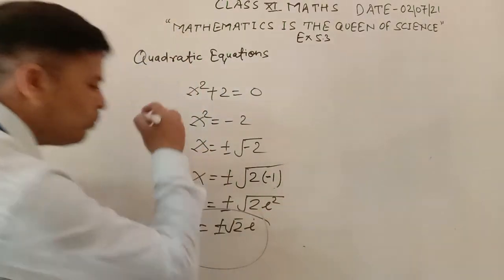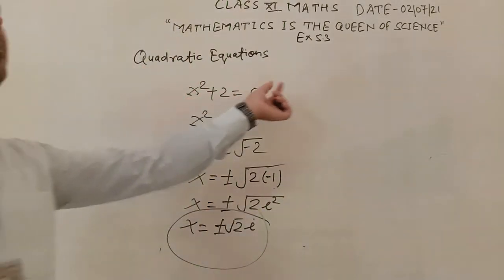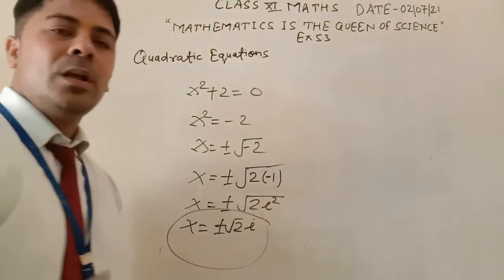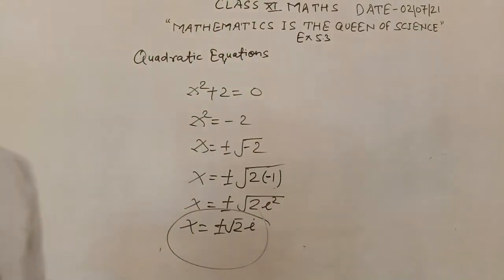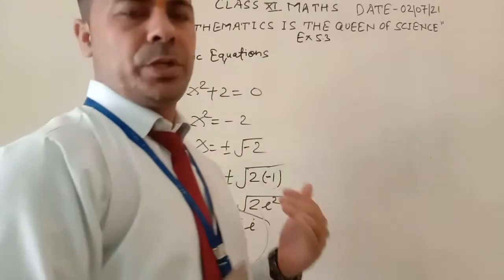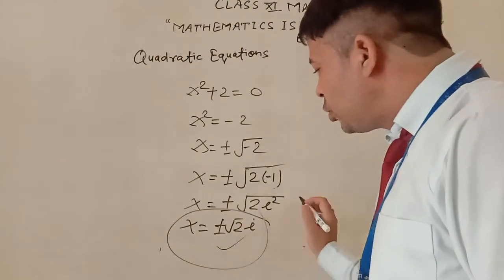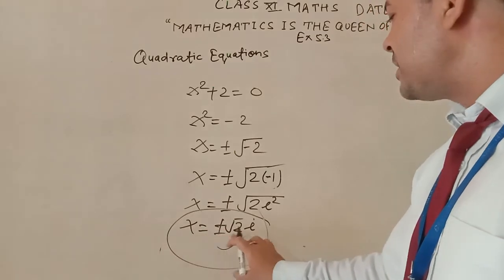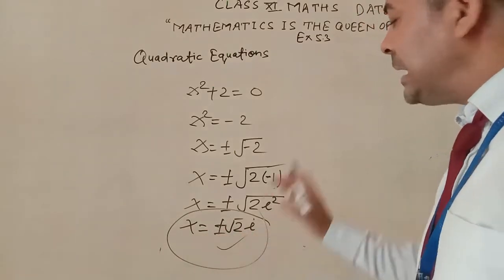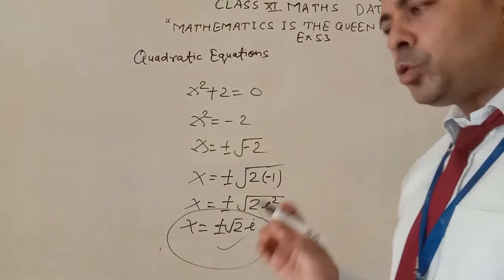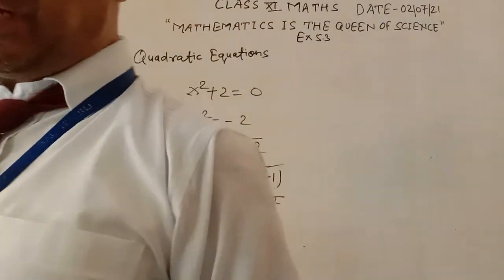This is the solution of x square plus 2 is equal to 0, and you are able to solve a quadratic equation with a negative root. So the value of x is plus root 2i and minus root 2i.